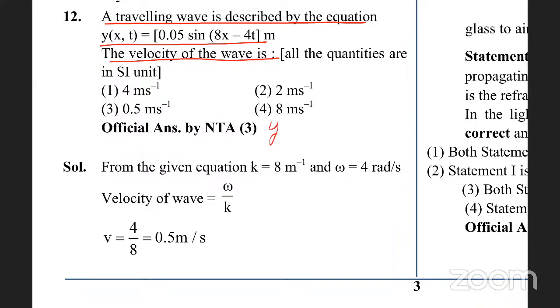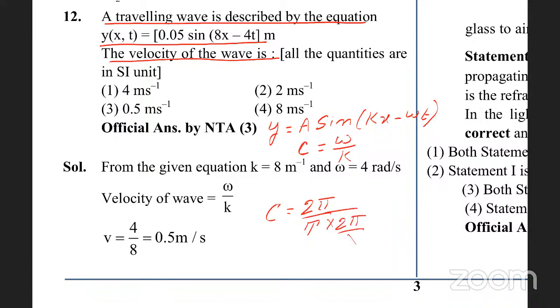If y is equal to A sine (kx minus omega t) or (omega t minus kx), the velocity of the wave, either c or v, is omega by k, because omega is 2 pi by T and k is 2 pi by lambda, which gives lambda by T. So the velocity is equal to the product of frequency and wavelength. So you'll get the answer as 0.5 meter per second.